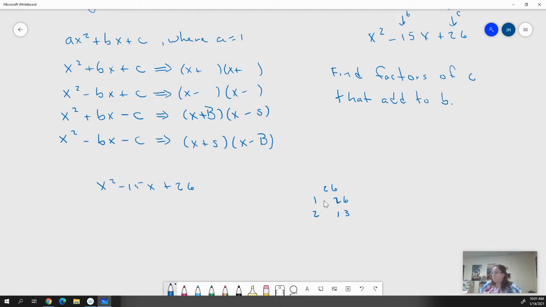What do I know about these factors? I have a minus here and a plus here, so both of my factors are going to be x minus something, and my minus somethings are going to be 2 and 13, because 2 and 13 add up to 15. And that's what we do when we're looking for factors.